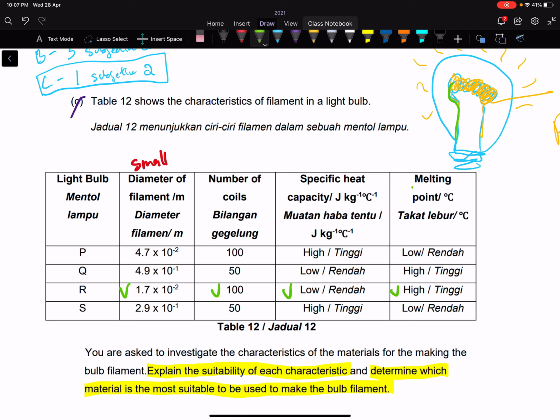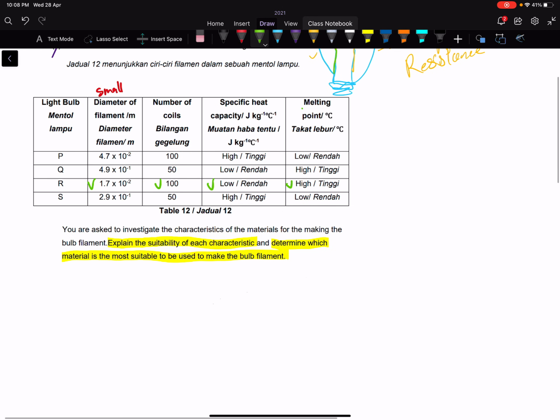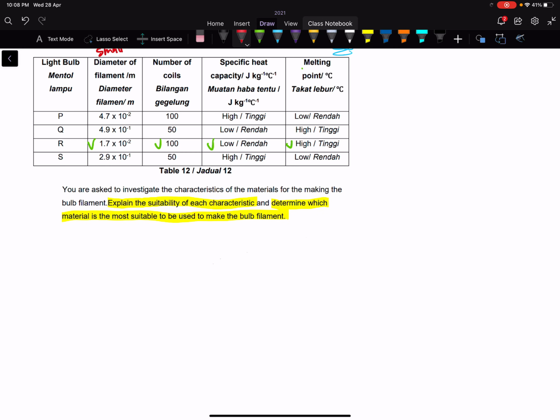Now the question is, how do we answer this question? The first time students encounter this question, they usually answer it like an essay. Let's say, for example, you write we want small diameter, large number of coils, and so on.